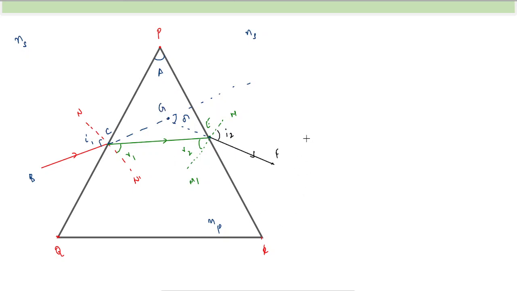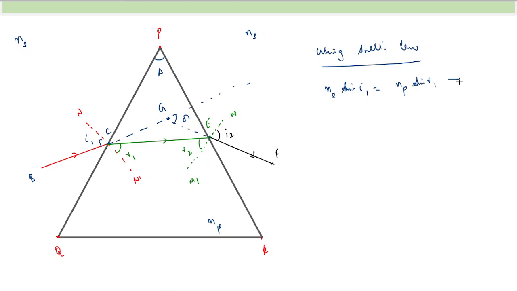So using Snell's law at the surface PQ, what we get is n suffix s sine I1 is n suffix p sine R1.